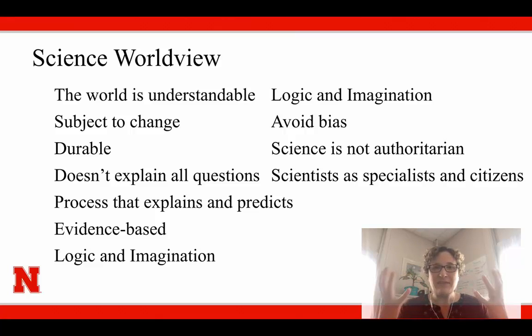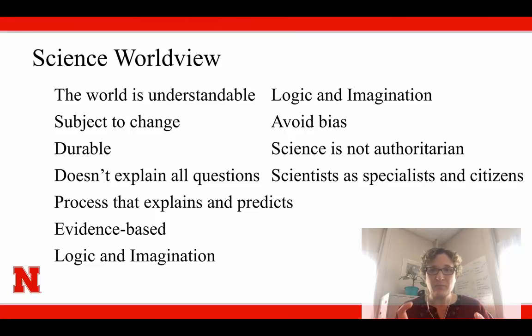They have to have imagination for how they're viewing the world and trying to find solutions to problems and how they're going to carry out a study. It's also a very imaginative process. Scientists really do try to avoid bias, or at least we expect or hope that they are.